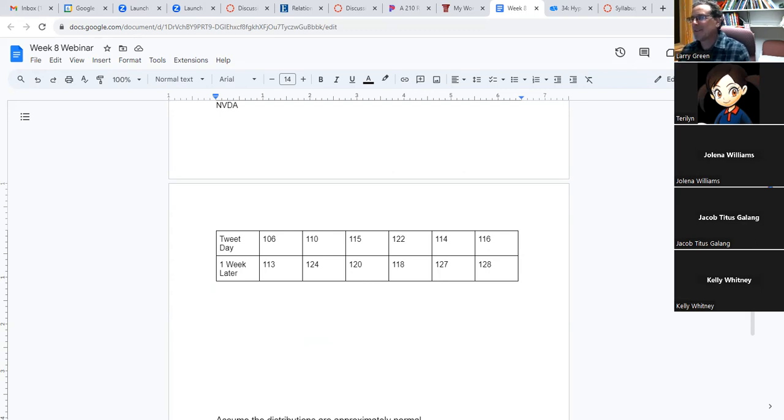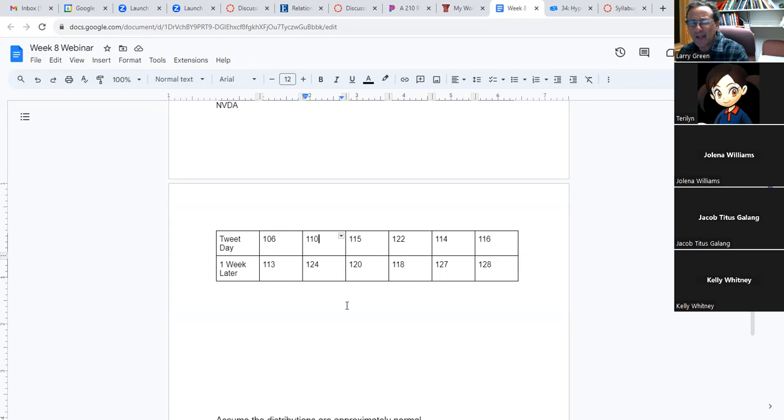Okay, so then the question is, is there a good way to remember the difference in the dependent or independent? So I like to remember that you think about pairing. The 106 and 113, these are paired together. Do you see that? The 110 and 124, those are paired. If I switch these two numbers and made the first 110 and a second 106, I've kind of violated what the data is doing.